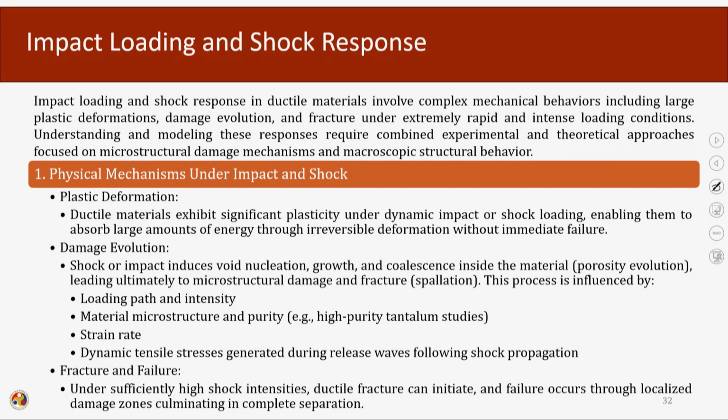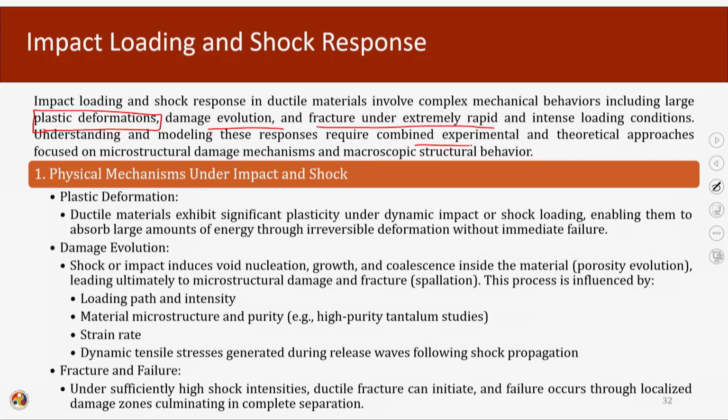So, continuing ahead. Impact loading and shock response in ductile material involves complex material behavior, which we have seen earlier, and it is also accompanied by large plastic deformation. There is a damage mechanism, and fracture takes place under extremely rapid and intense loading conditions. So, understanding and modeling these responses requires experimental as well as theoretical approaches.